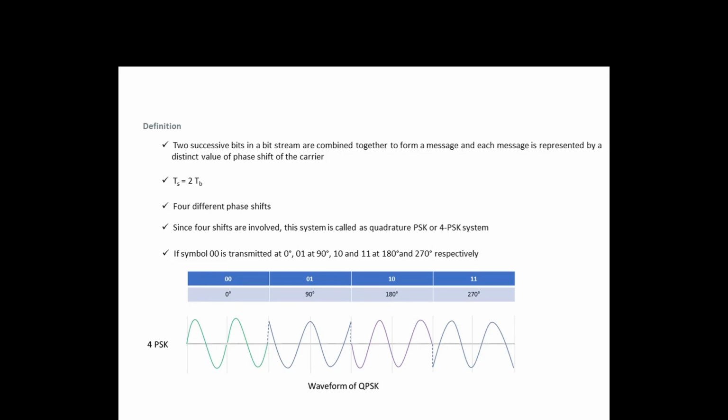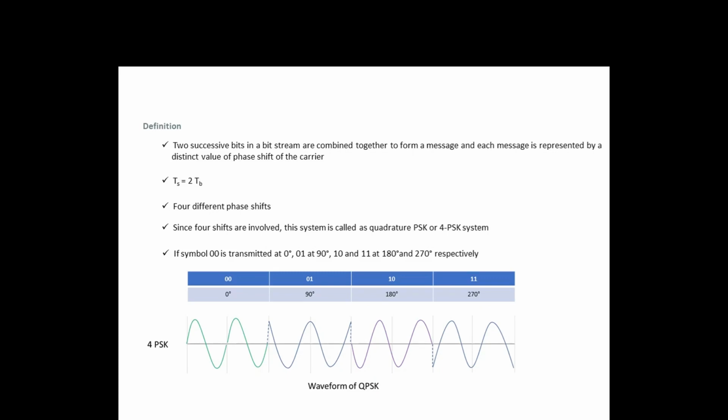If symbol 00 is transmitted at 0 degree, then 01 is transmitted by 90 degree, 10 is transmitted by 180 degree, and 11 is transmitted by 270 degree respectively.